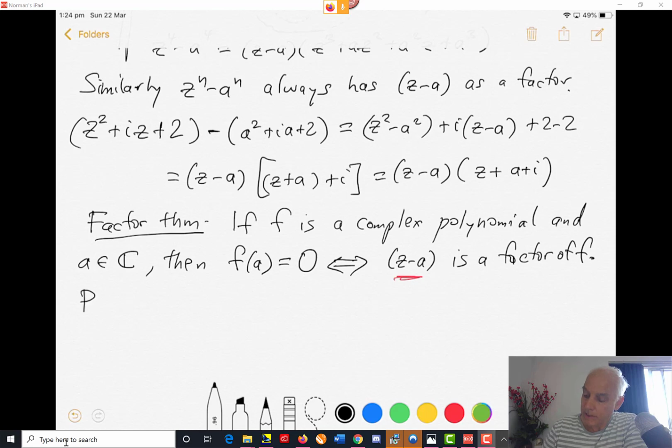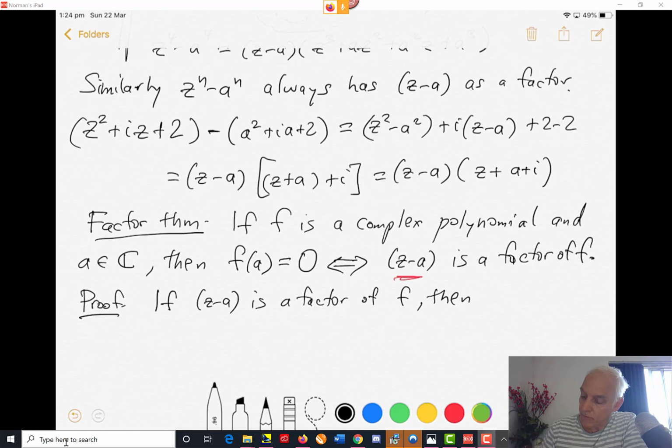All right, so let's give a little proof of this. So there's a two-way implication here, so it has to be proven in two different ways. So if z minus a is a factor of f, then we can write, say, f of z equals z minus a times some other polynomial, say p of z, for some polynomial p.